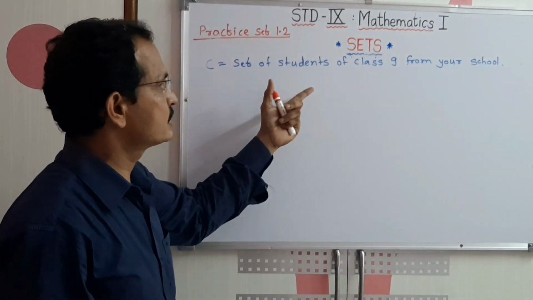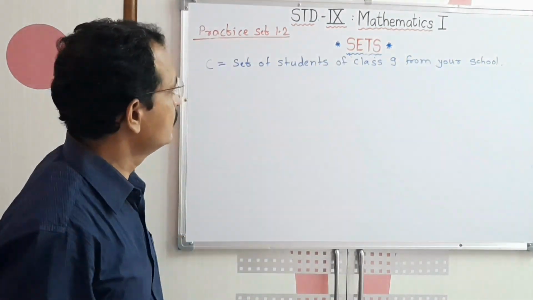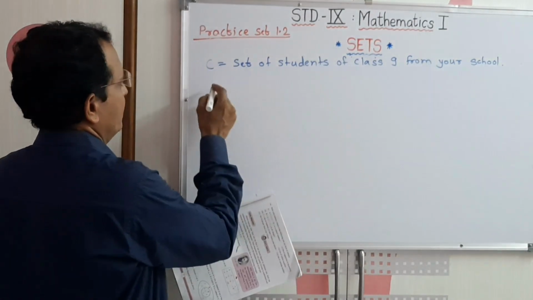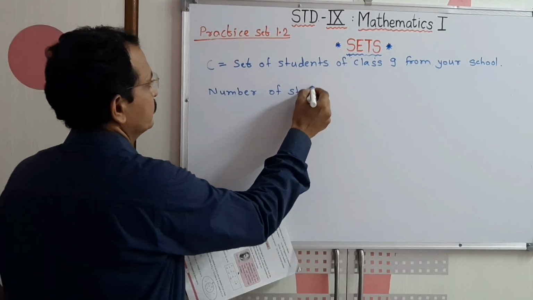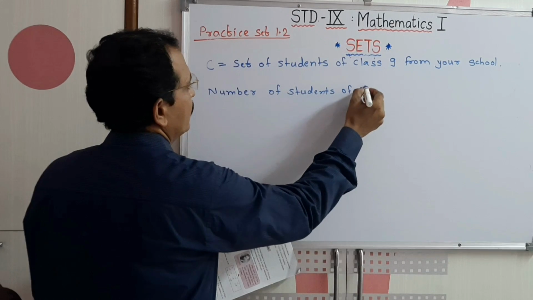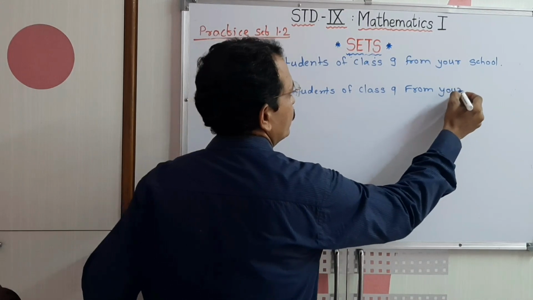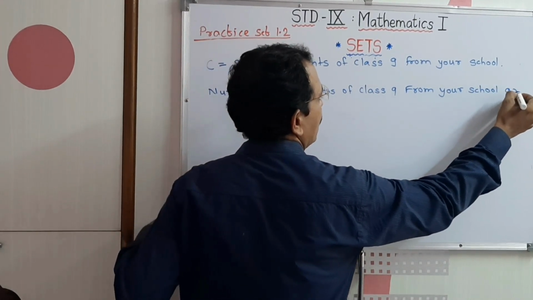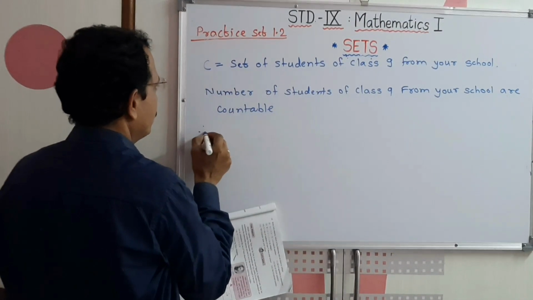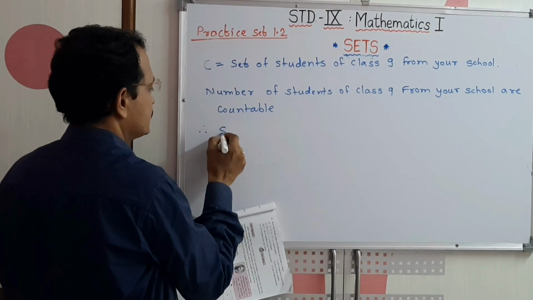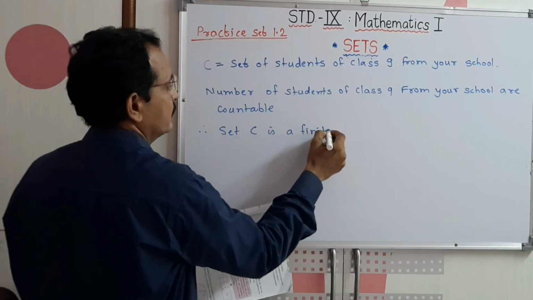The number of students of class 9 from your school is countable, therefore it is a finite set.